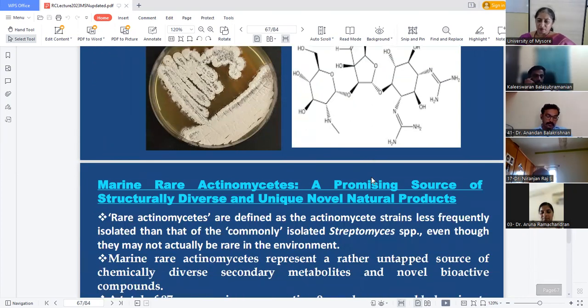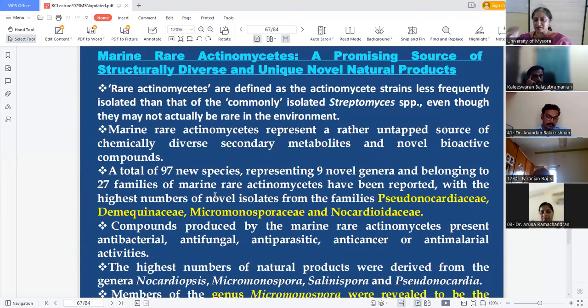So based on these inputs, now we go into marine rare actinomycetes, a promising source of structurally unique and diverse novel compounds. Okay. Now the term rare actinomycete is given to those actinomycetes other than streptomycetes. So you can include Pseudonocardia, Micromonospora, Nocardiopsis, Dietzia.